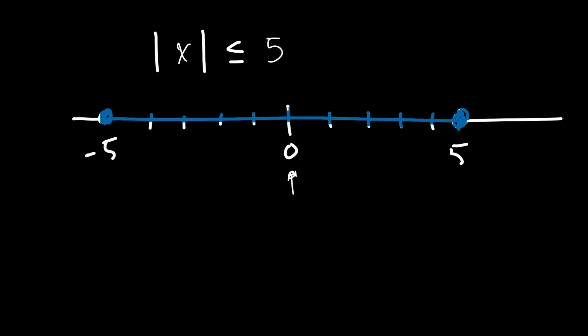So that inequality has two solutions, right? x's are less than or equal to 5, and the other solution is x's are greater than or equal to negative 5. But you can see here, this would be like your starting average salary would be $0. Well, we didn't have a starting average salary of $0.